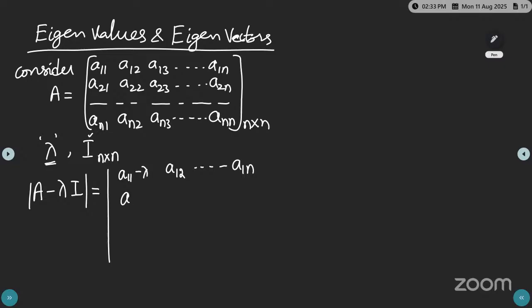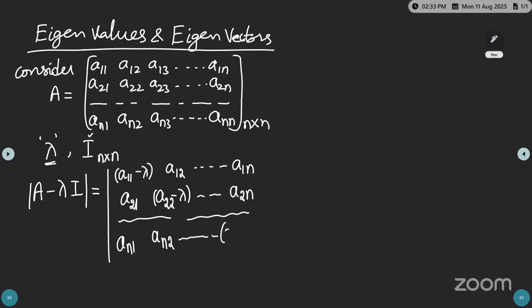Next, A21. Next, A22 minus lambda and so on, A2n. Continuing this, An1, An2 and so on, Ann minus lambda.